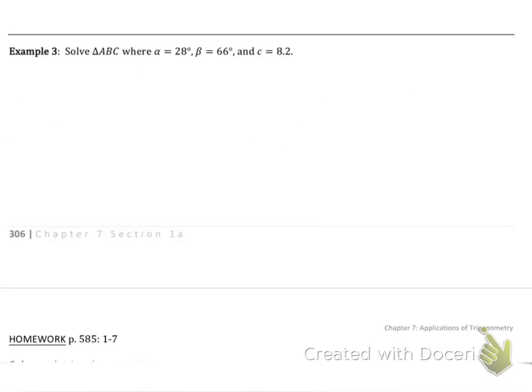Before we get to that, let's go ahead and look at solving triangle ABC, where A, or alpha, equals 28, beta equals 66, and C equals 8.2. So even though we have alphas, betas, and probably gammas, what I typically do is I still just draw my normal triangle. And because repetition breeds success, I'm just going to still label them A, B, and C. I'm not going to use alphas or anything.